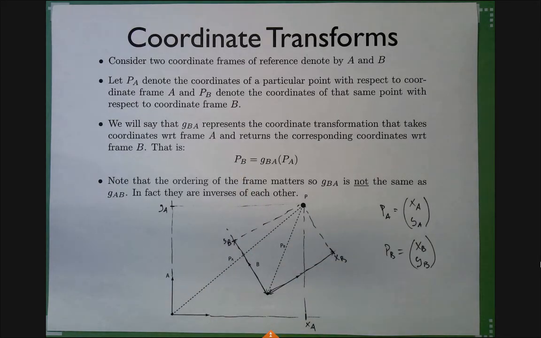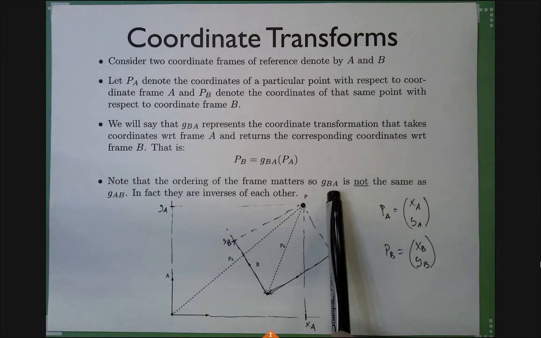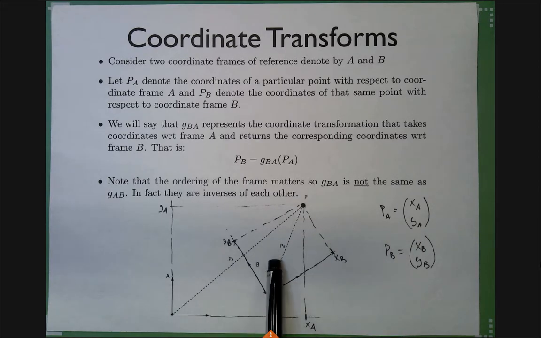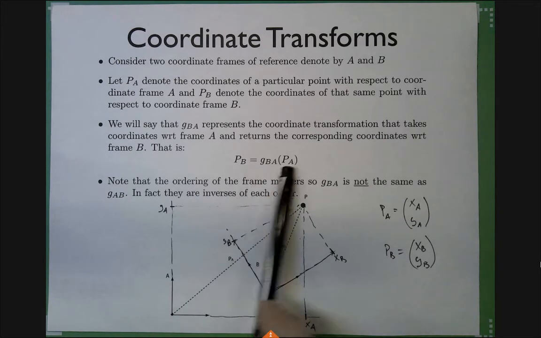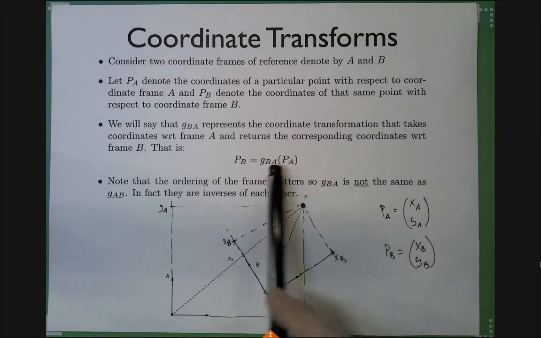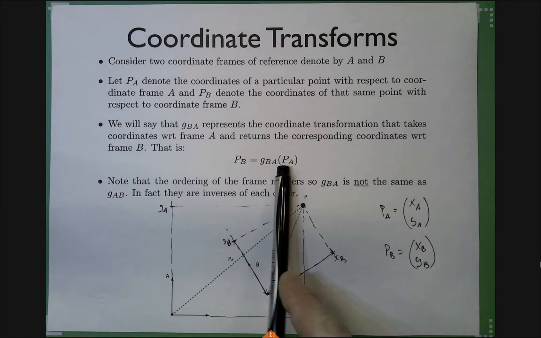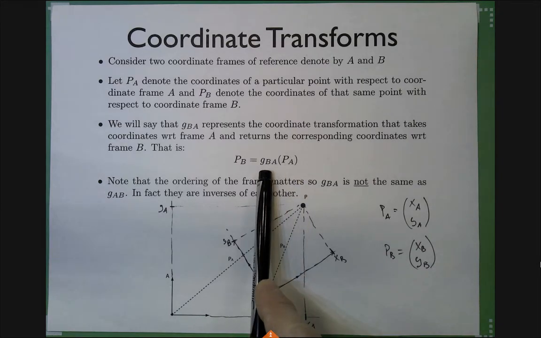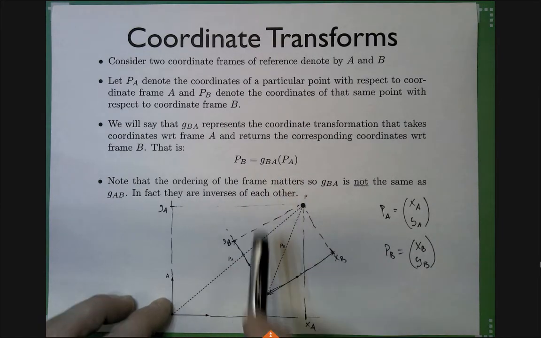Now be careful about the order, because the order really matters a lot. Transformation of coordinates from frame A to B is very different than transformation from B to A. So by convention, we go from the right. This means taking coordinates with respect to A and transforming into B, as opposed to the other way around.